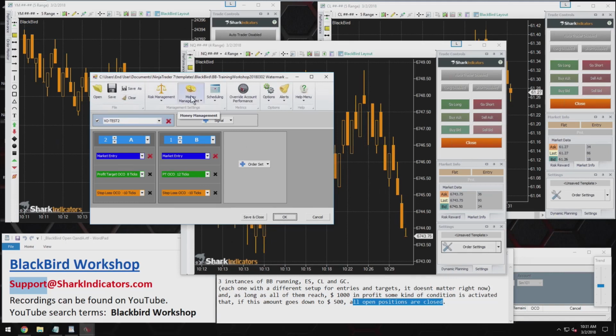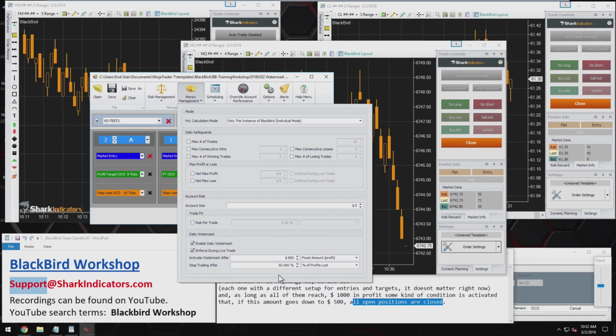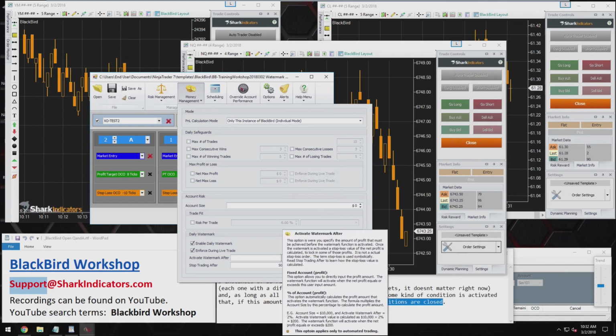But the one thing that does have to be the same on all 3 Blackbirds is the high watermark setting. So make sure that your high watermark settings are exactly the same across all 3 Blackbirds, right? Otherwise, they'll turn off at different times.